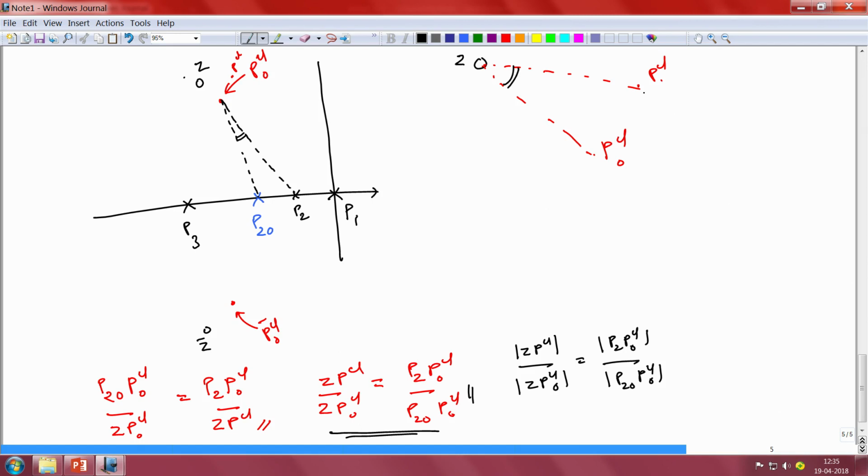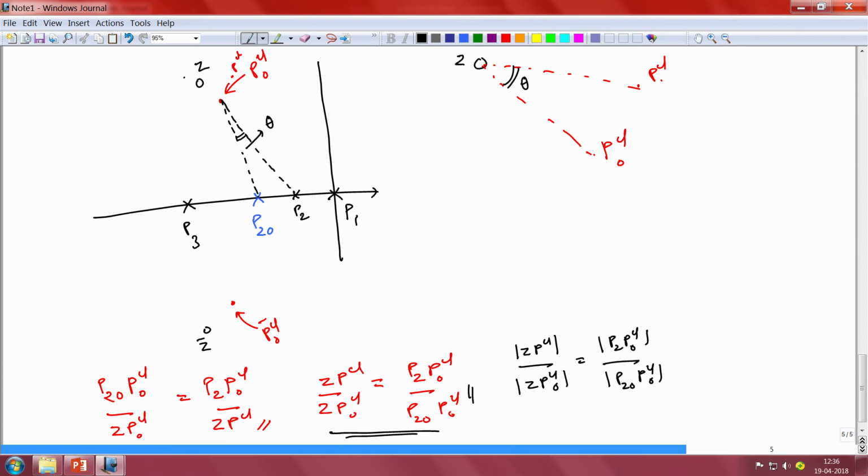The ratio of the lengths of ZPCL and ZPCL naught is equal to the ratio of the lengths P2 PCL naught and P2 naught PCL naught, and the angle between ZPCL and ZPCL naught, which is given by this angle theta here, is also equal to the angle between P2 PCL naught and P2 naught PCL naught. So even this angle is theta.